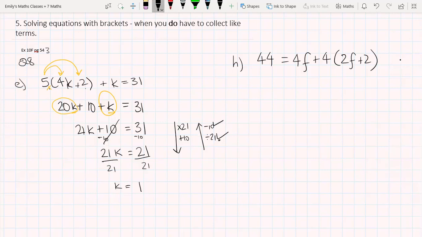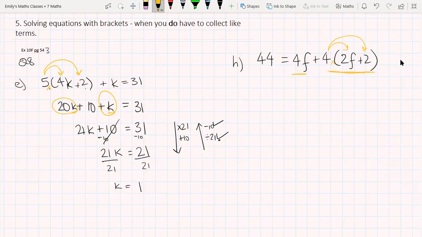Okay, so we've got brackets. When we see brackets, we're going to expand them. So that 4 is connected to that. There's a times in there. That's the expanding brackets. These expanding brackets have nothing to do with this 4F out here. We can't get rid of it, but it's not part of the expanding brackets.